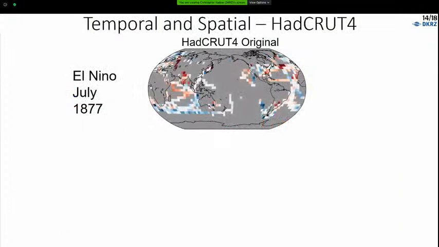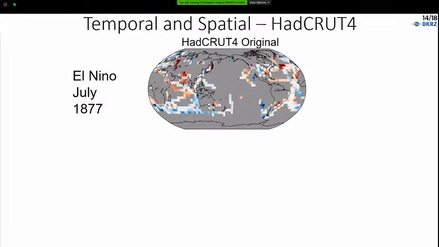Let's have a look at a spatial reconstruction. Something we usually like to look at is some El Nino case, and I found an El Nino case which is really interesting, between 1876 and 1878, so a very long and strong El Nino case. You should see a signal in the Central Pacific during the whole year here.